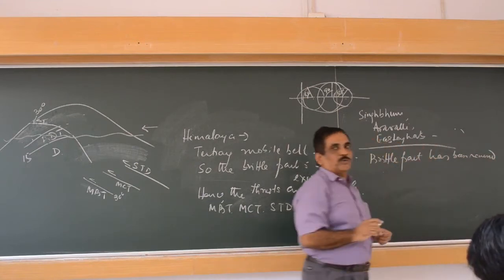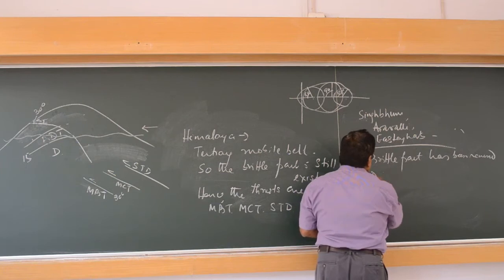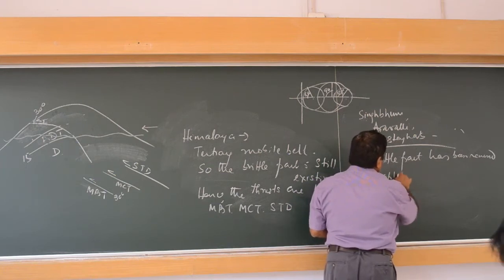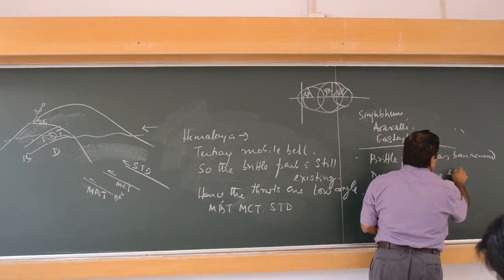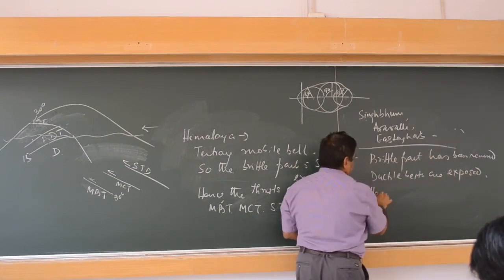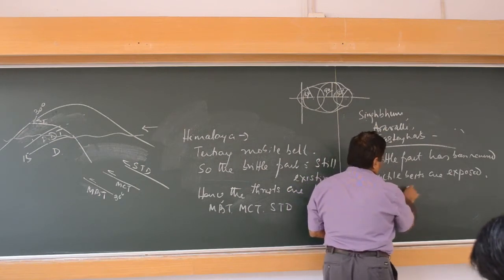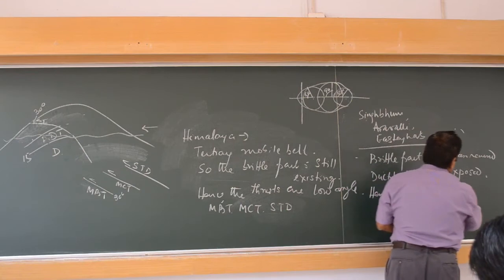Over the years, by erosion and extension, this part has gone. So you are seeing the ductile part is visible now. Ductile belts are exposed. Hence, rocks are steep angle.